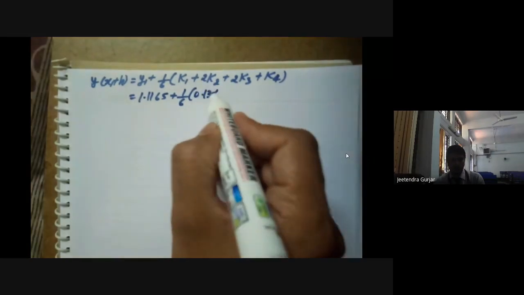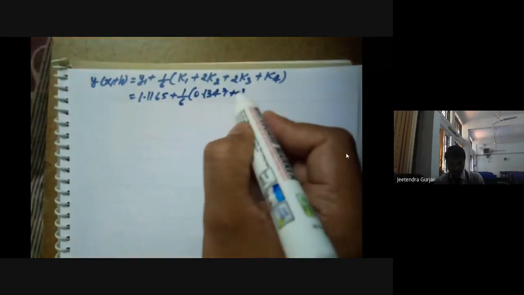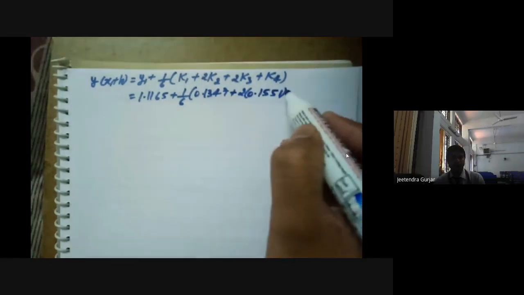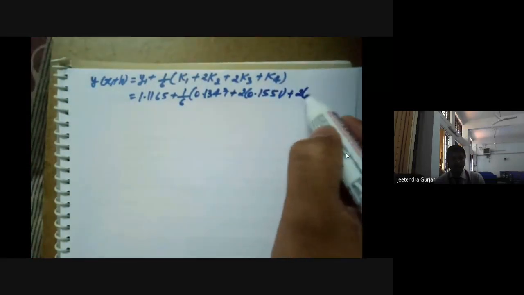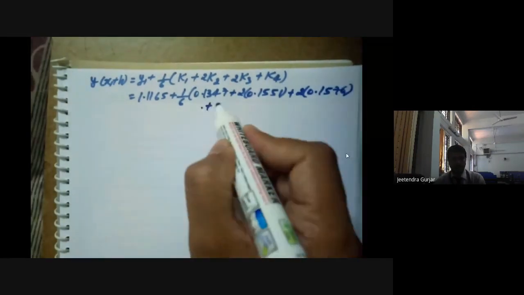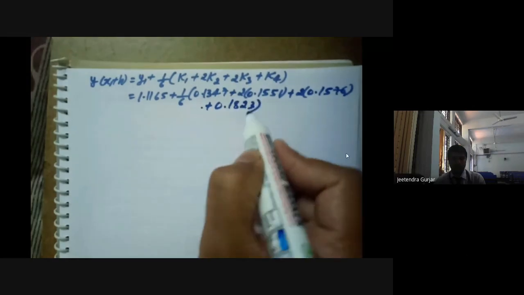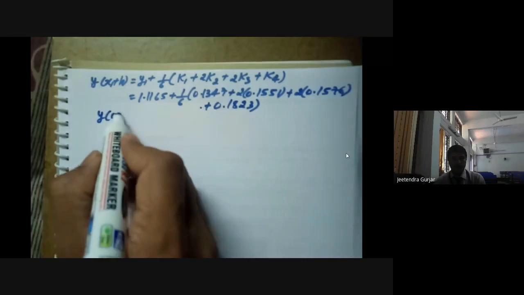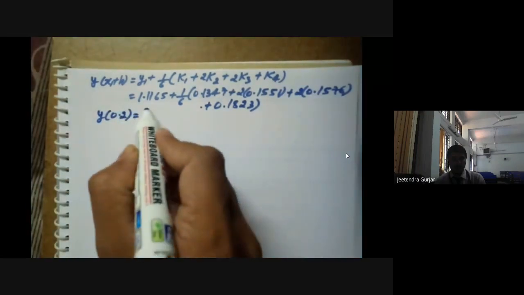K4 value we have calculated as 0.1823, students. When you substitute all the values, we get y of 0.2 is equal to 1.2736.